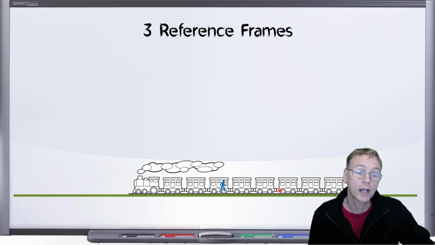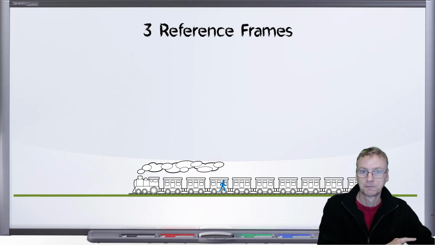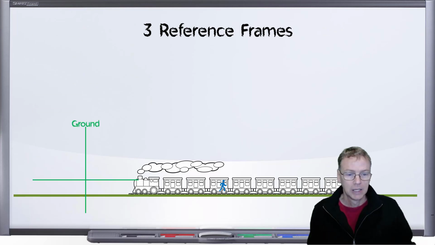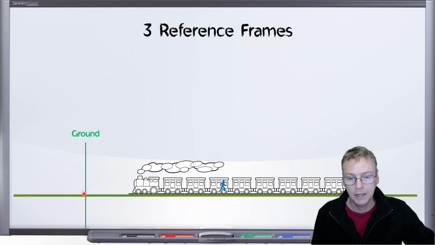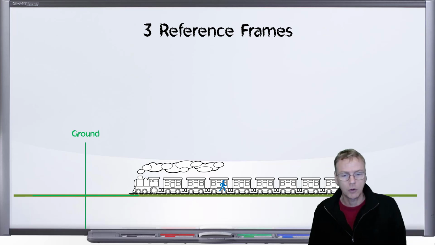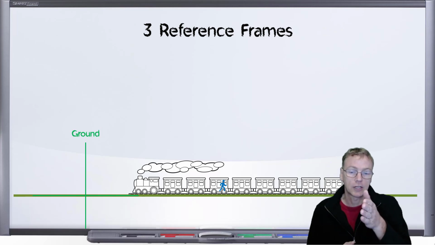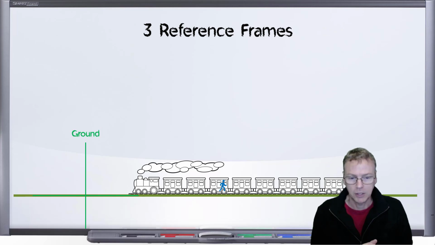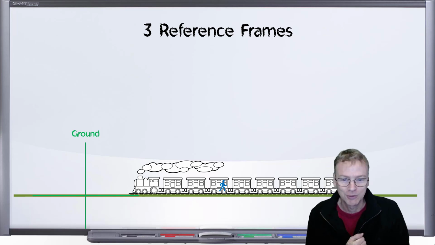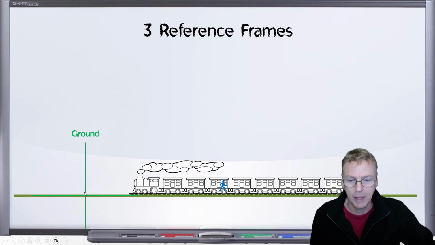Maybe the passenger is walking on the train. Okay, so we have a ground reference frame. We're going to need to pin it at some position on the ground and agree what that means. So maybe that's the next station you're pulling into, let's say the Mission Street station, and that's where we'll put this coordinate system.